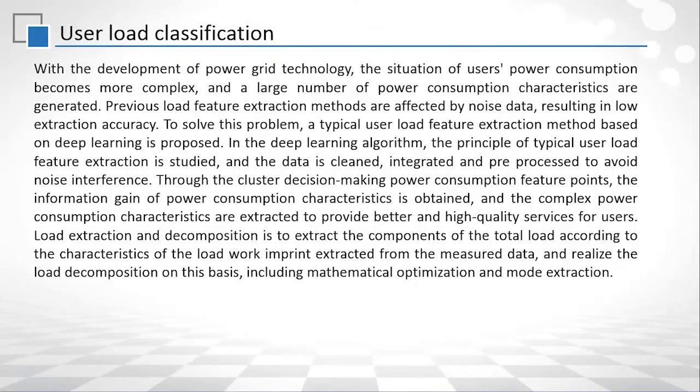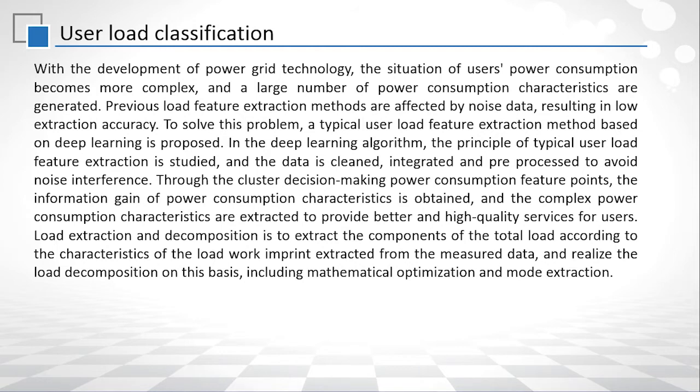To solve the problem of low extraction accuracy, a typical user load feature extraction method based on deep learning is proposed. In the deep learning algorithm, the principle of typical user load feature extraction is studied, and the data is cleaned, integrated and pre-processed to avoid noise interference.